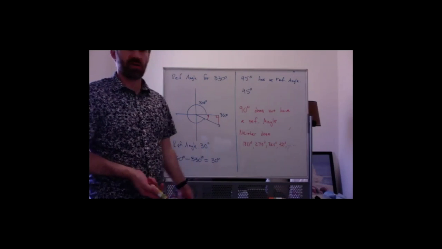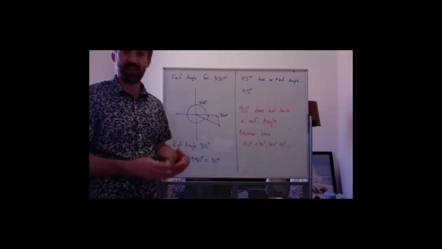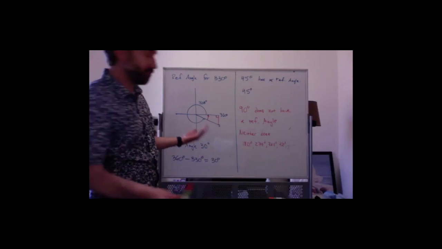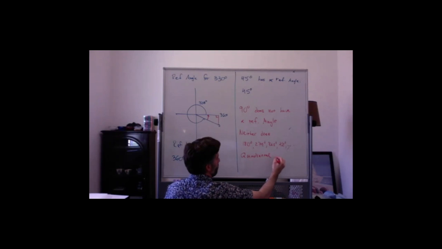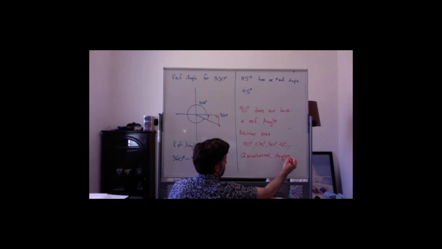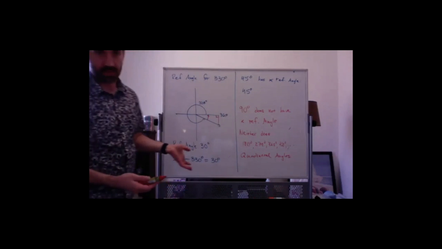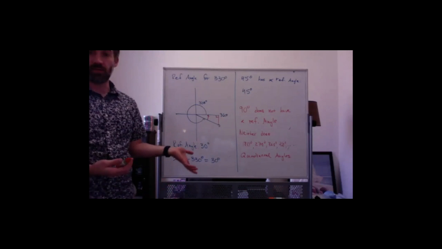These angles are called quadrantal angles, which I think is just fun to say. I'm not going to pretend, I enjoy saying the word quadrantal as much as possible. These are quadrantal angles. And they do not have reference angles, but any other angle does.